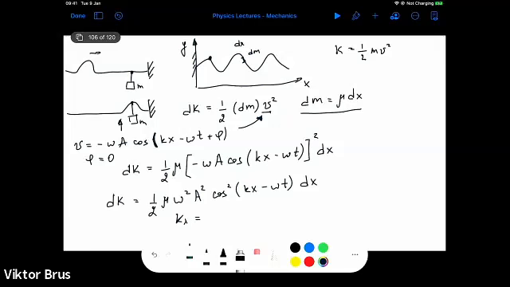In other words, it is what is transmitted through the string with this sinusoidal wave traveling along it during the time interval equal to the period of this wave.